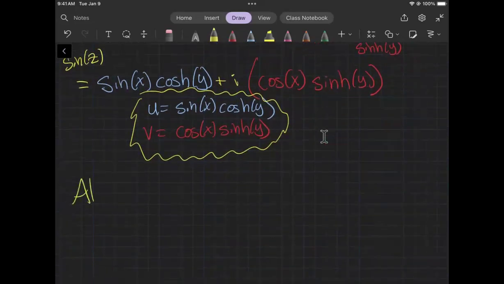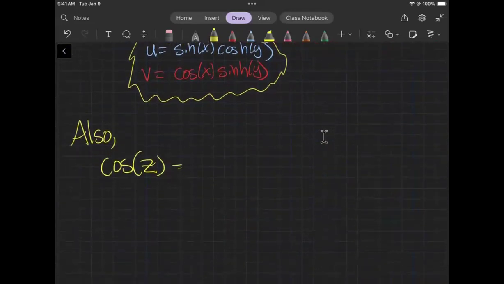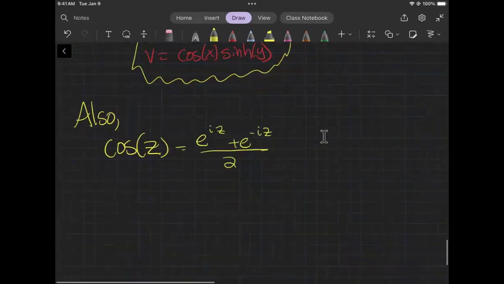Also, you can work this on your own, but you can express cosine of z in terms of the real and imaginary components. Cosine of z, remember, is just e to the iz plus e to the minus iz over 2, right?